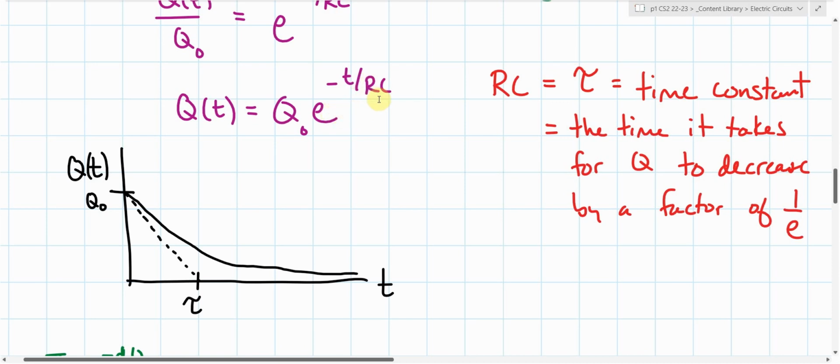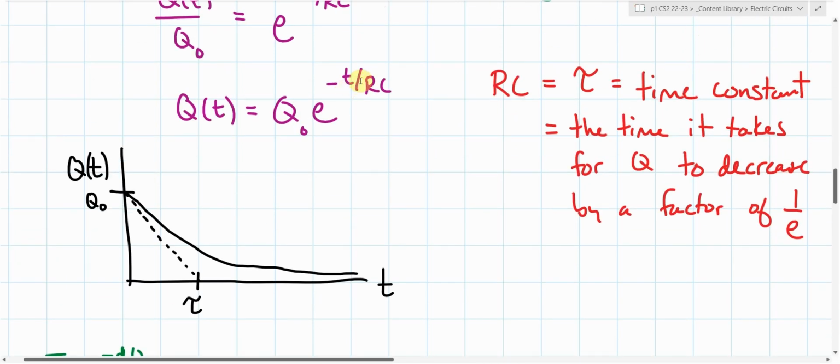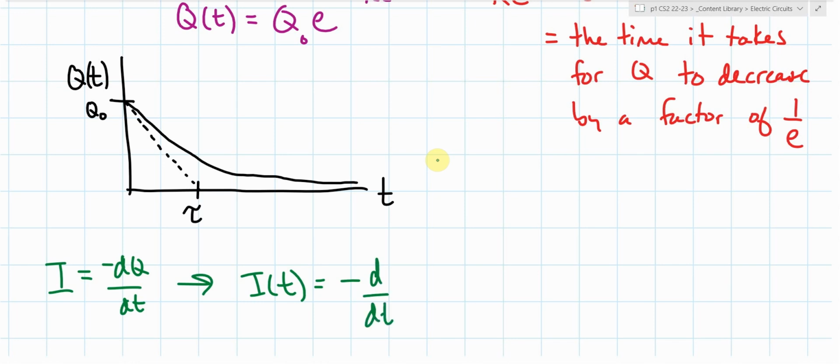Love taking derivatives of e's. They're so great. You take the derivative of the exponent and bring it down in front. Sorry, I got excited and skipped ahead.